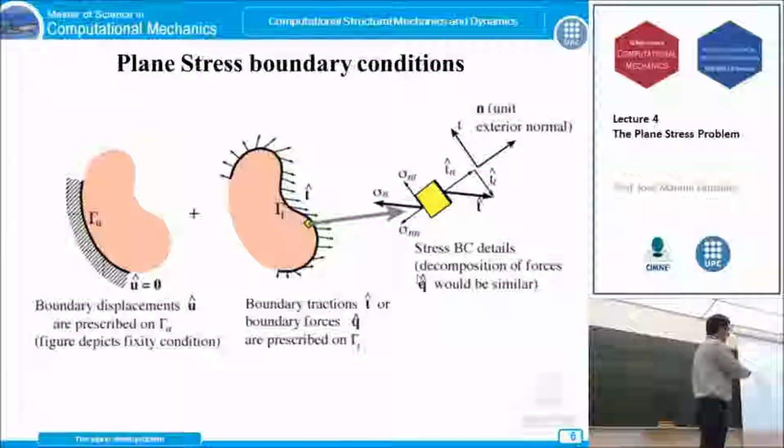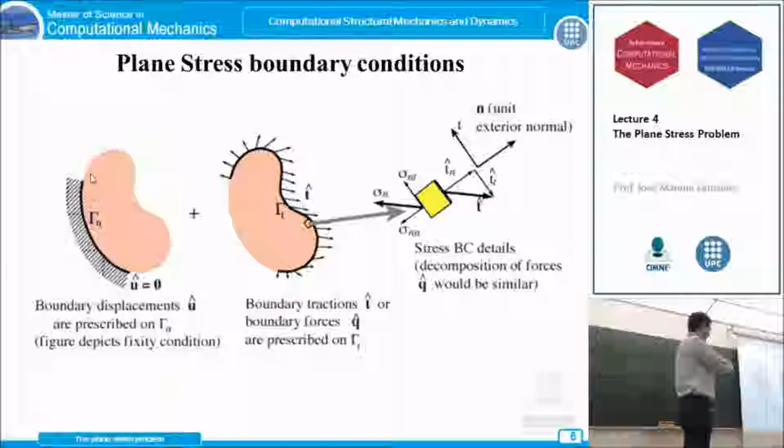The plane stress boundary conditions are considered like that. This boundary domain, we call it tau, is divided in two parts. One is the displacement boundary domain, where the displacements are prescribed, equal to 0 or equal to the prescribed displacement.